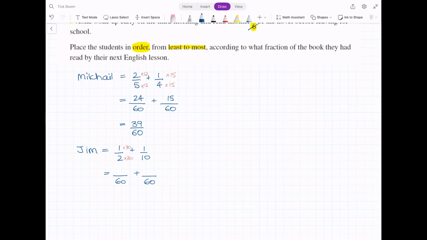So 1 times 30 is 30. The way we get from 10 to 60 is we multiply by 6. So we'll do that to the numerator. 1 times 6 is 6. So for Jim, we get a total of 36 out of 60 as the fraction that Jim read.